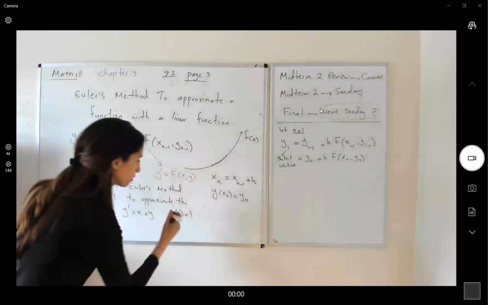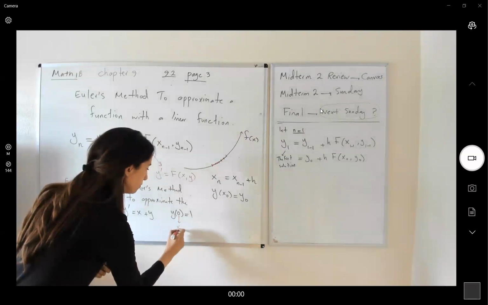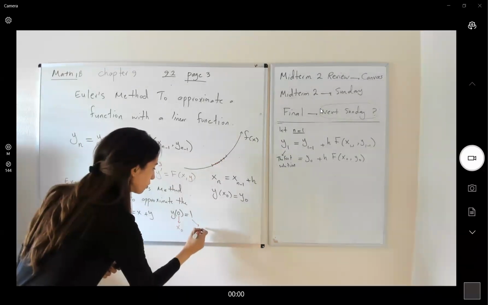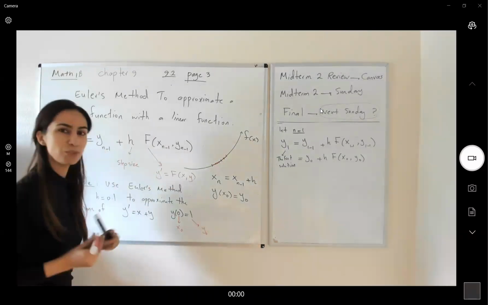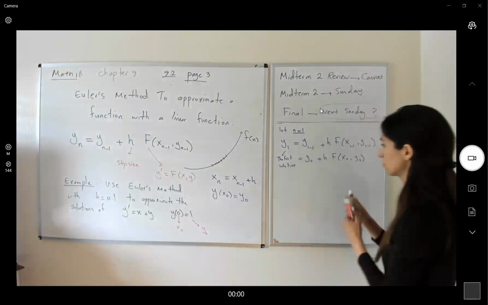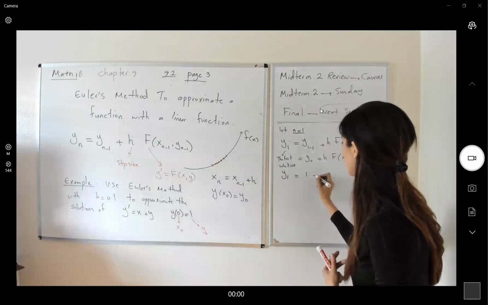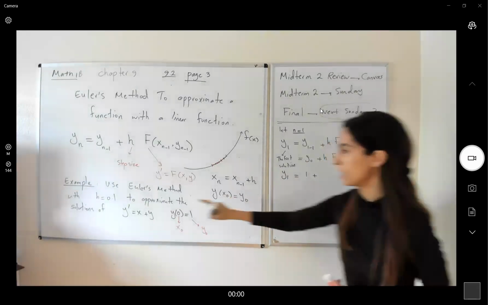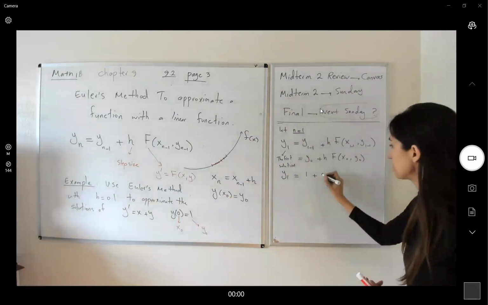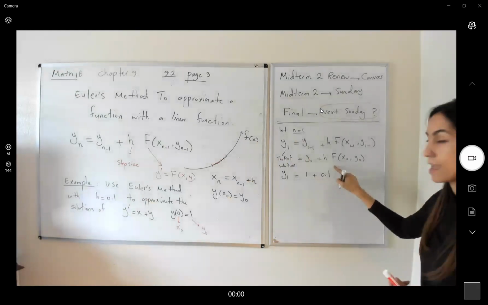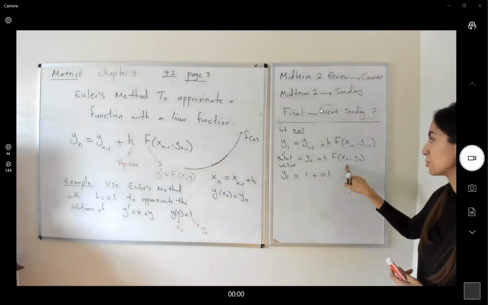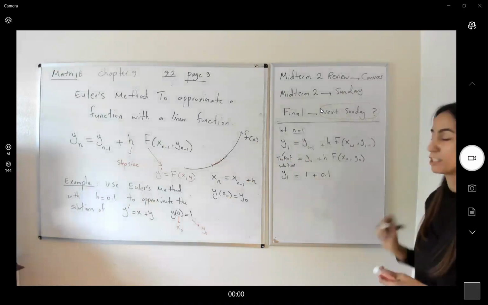Your x sub 0 is 0. So y sub 0 is equal to 1. So y1 is equal to 1 plus h. H is given as 0.1, f of x sub 0, comma, y sub 0.